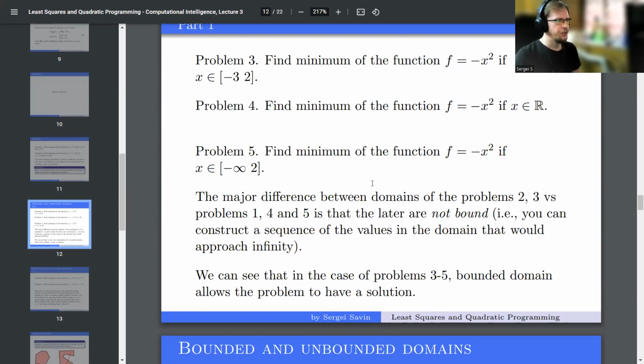So we saw that domains could be bounded, finite size, infinite size, and ultimately the solution can lie at the boundary of the domain, same as at the point where the derivative of the function is equal to 0, right?